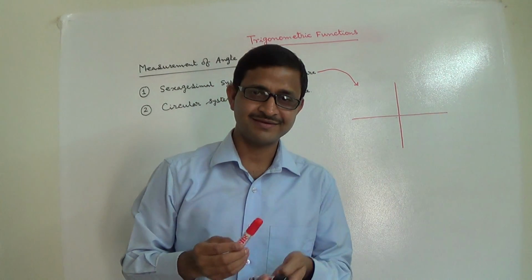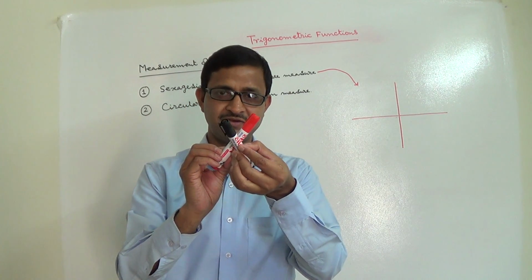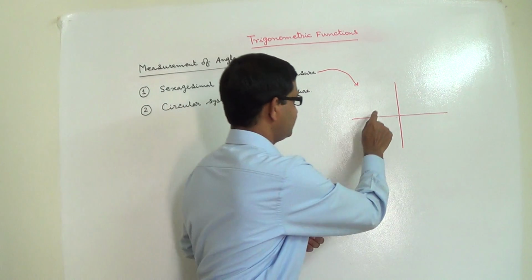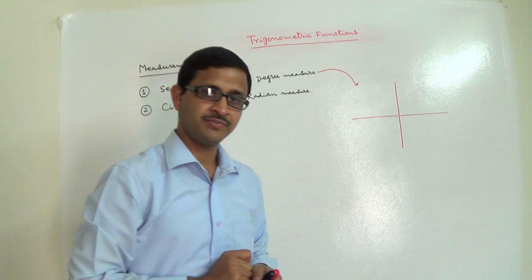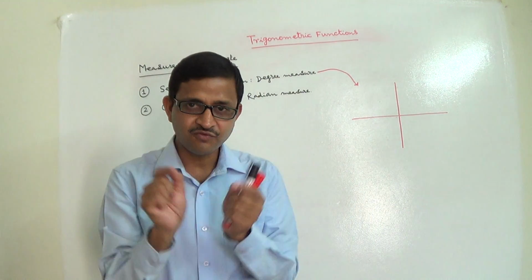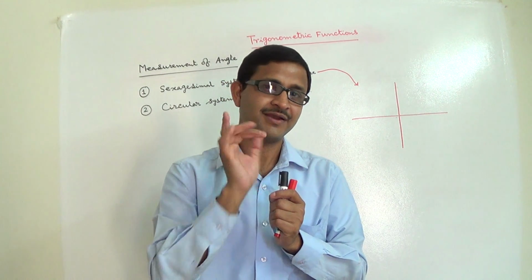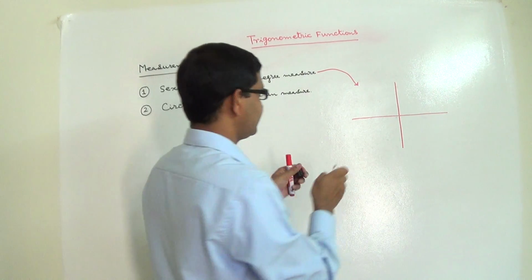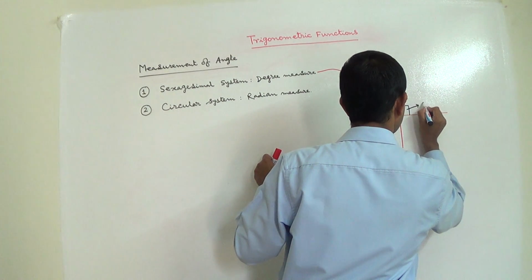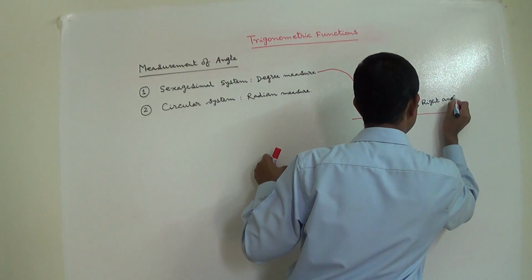Whenever two lines intersect, the four angles are formed, right? Now, if the angles are formed in such a manner that all the four angles are equal, then we can say a right angle has been formed. So we can say this is a right angle.